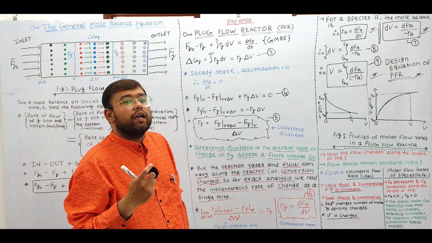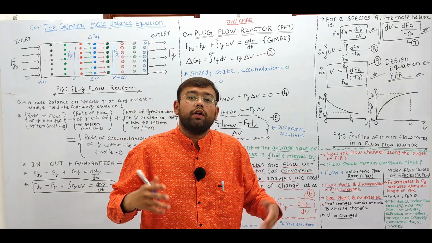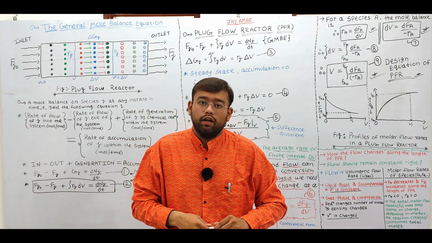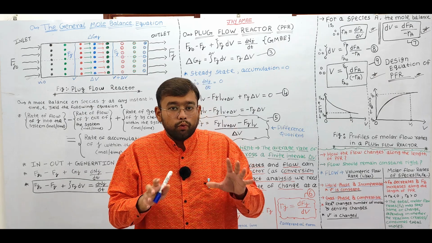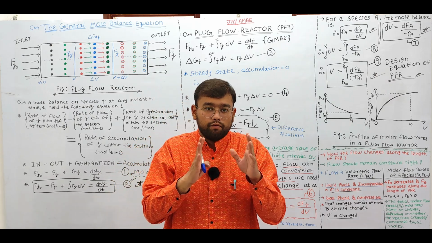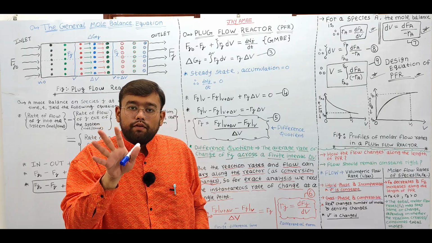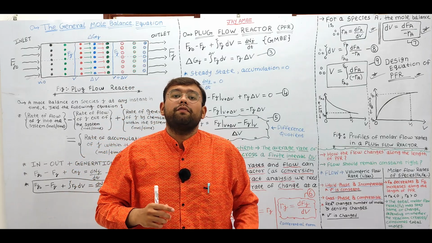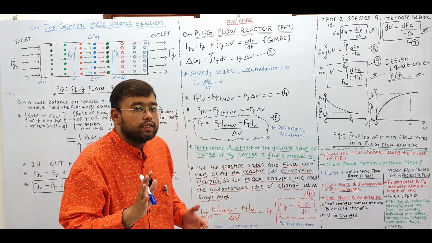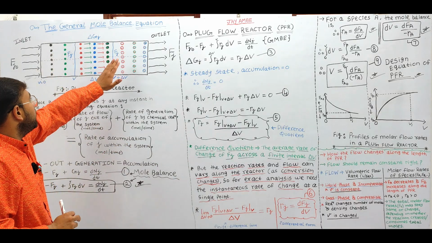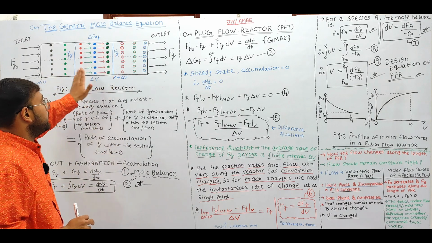So what if we have a liquid phase reaction, and what if we have a vapor phase reaction? We need to account for both cases to understand the volumetric flow rates. The first case is a liquid phase reaction taking place inside the reactor volume.